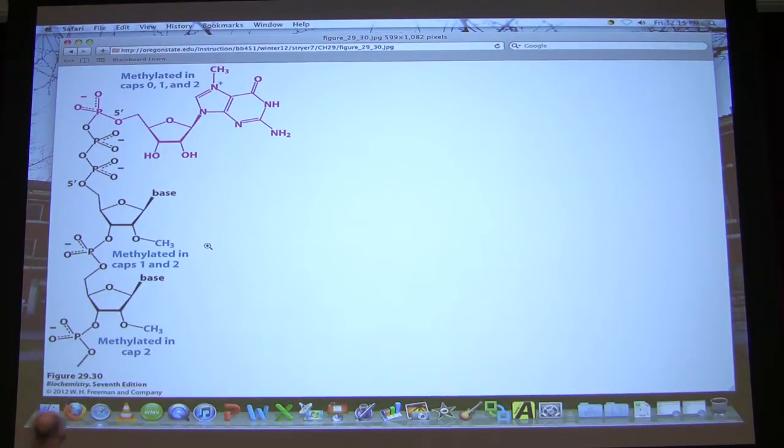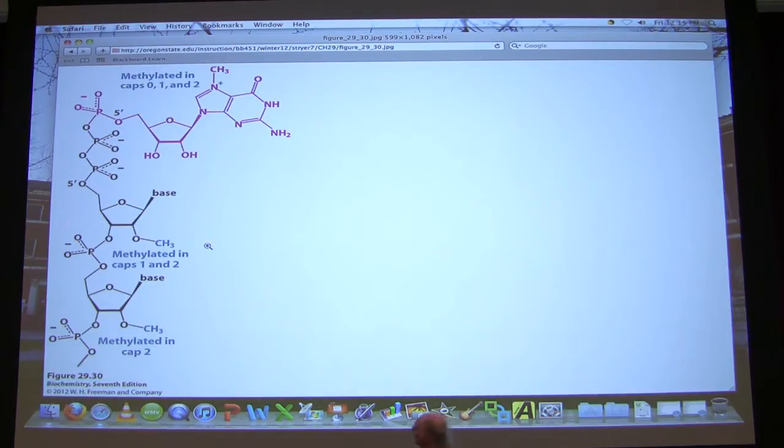Okay? A cap is a nucleotide. It's actually a modified guanine nucleotide that is put onto the 5' end of the messenger RNA in sort of a backwards fashion. What do I mean by that? Well, if we look at how the messenger RNA goes, just like DNA goes, we see 5', 3', 5', 3', 5', 3'.